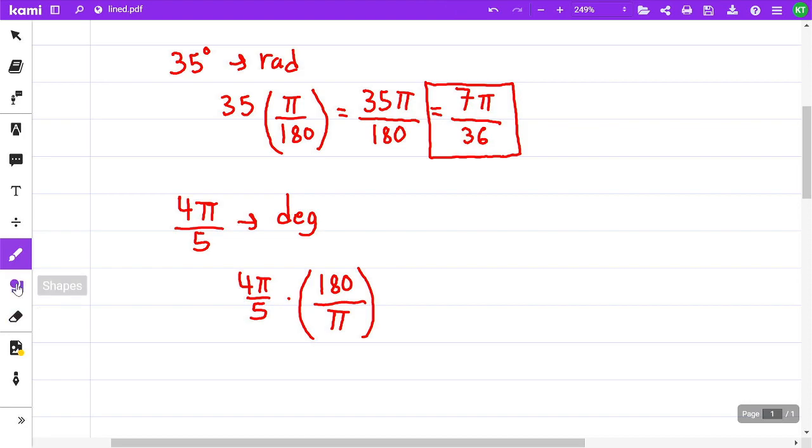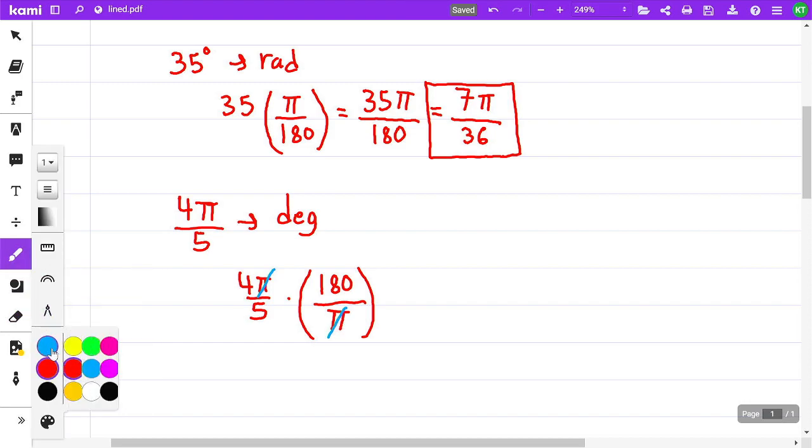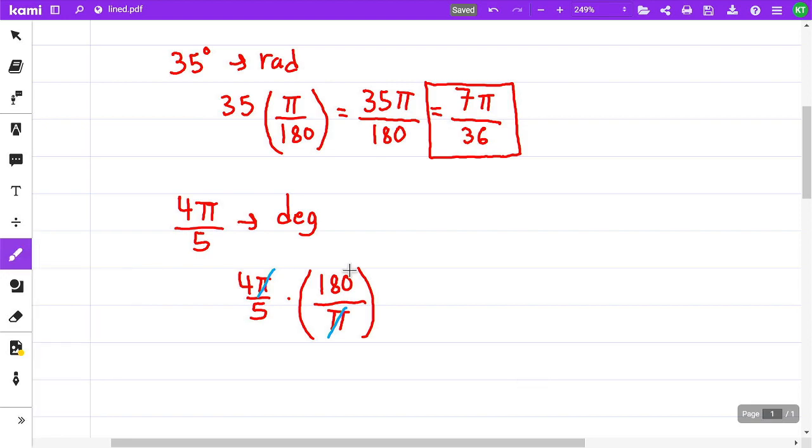So let's look at this. I'll have pi here, and it will cancel out with that pi. And then I'm actually going to go ahead and start simplifying things to make things even easier when we multiply. So like we said before, 180 is divisible by 5, and 5 is also divisible by 5.